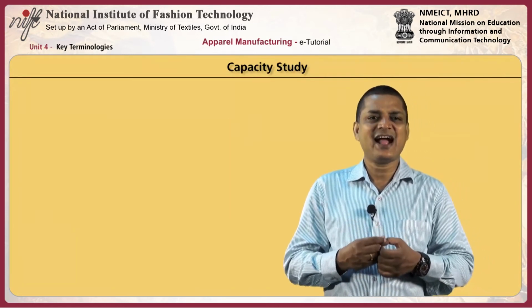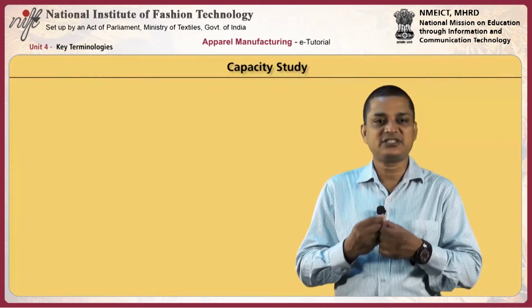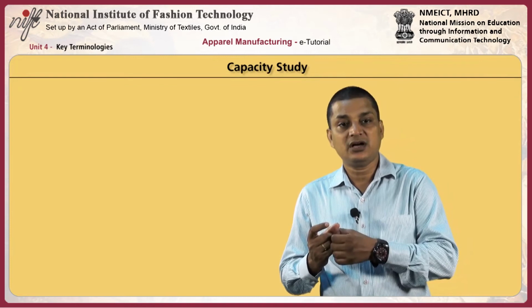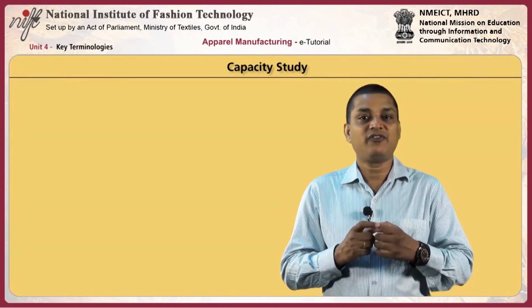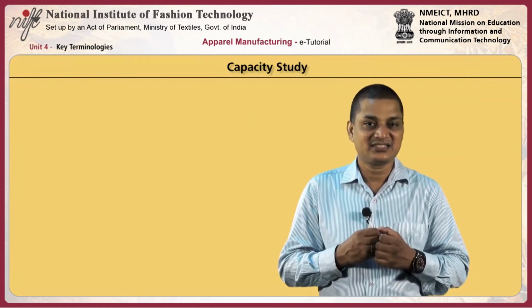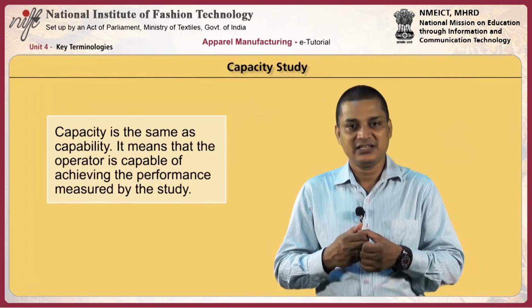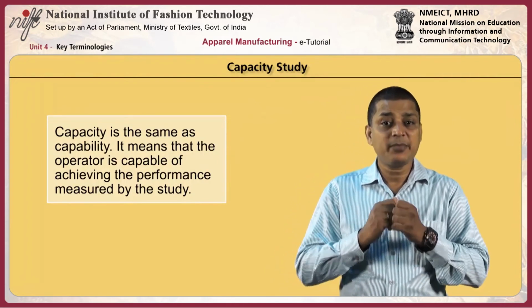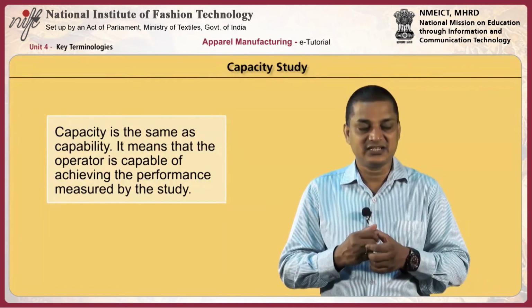This means that at the end of the study, we can say that the operator has the capacity to be a 120% performer, or whatever performance level the study indicates. Capacity means the same as capability. It means that the operator is capable of achieving the performance measured by the study.